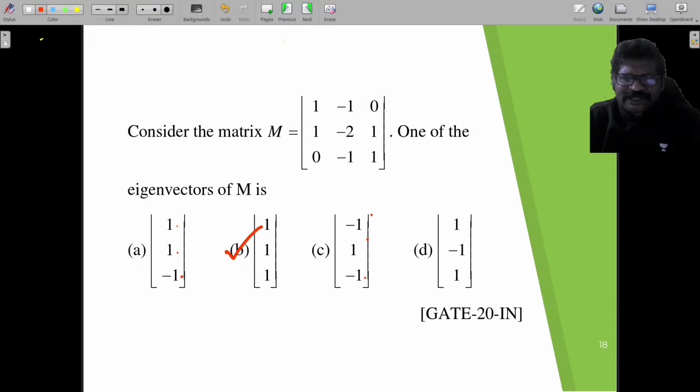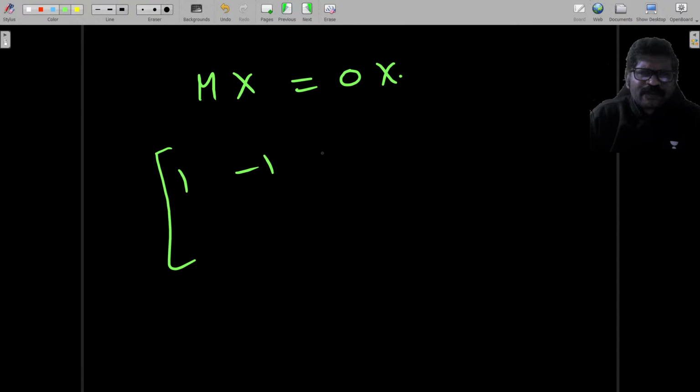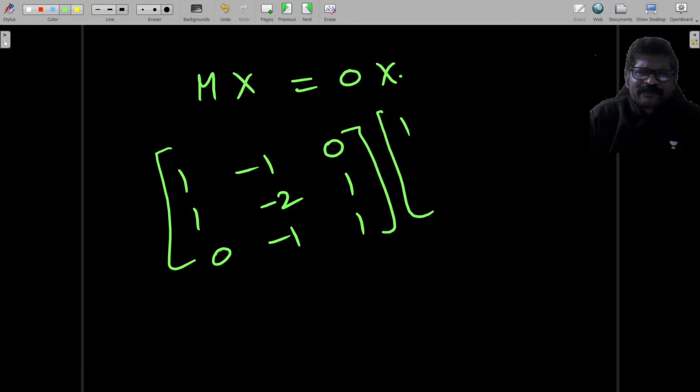Now multiply the matrix with rows 1 minus 1 0, 1 minus 2 1, 0 minus 1 1 with the vector 1 1 1.